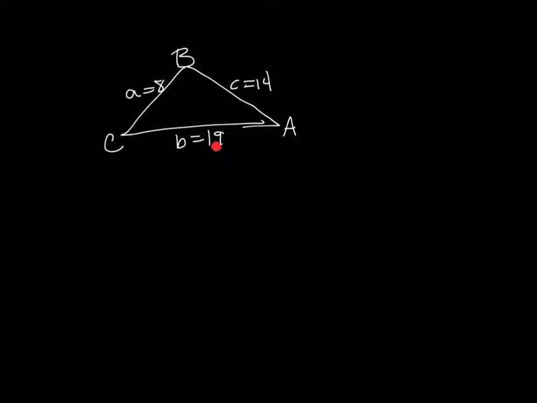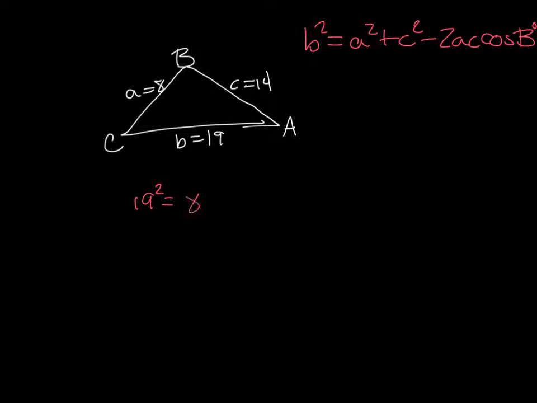So because B equals 19 is my biggest side, I'm going to use the formula B squared equals A squared plus C squared minus 2AC times the cosine of B. Okay? So that's what I'm going to use. So I start plugging in. I know that B is 19, so I've got 19 squared equals A squared, 8 squared, plus 14 squared, minus 2 times A is 8, C is 14, times the cosine of B, and I don't know that.